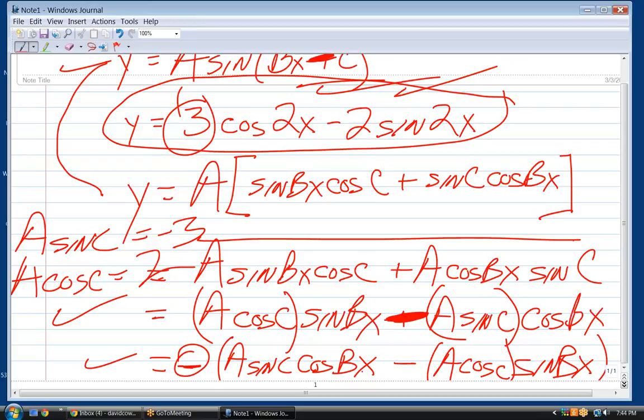I still don't see how that is going to allow me to put it back into a single sinusoid function. Oh, hold it. Yes, I do.